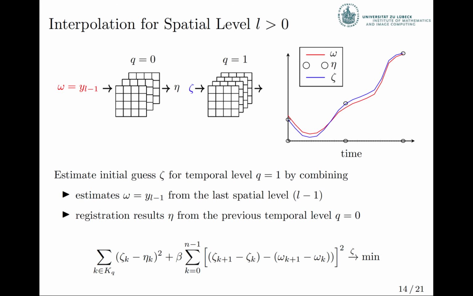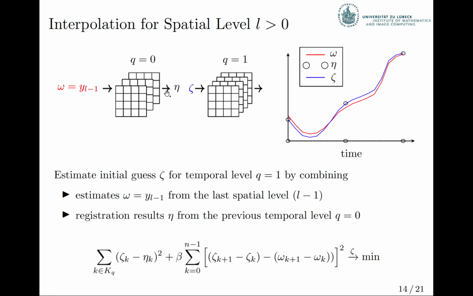Now we go to the final spatial level. In the previous slide, the image size was 2 by 2, now the image size is 4 by 4. One important thing to notice is that we already know the deformation field for all the images in the given image sequence at the coarse resolution, and we want to use it now.